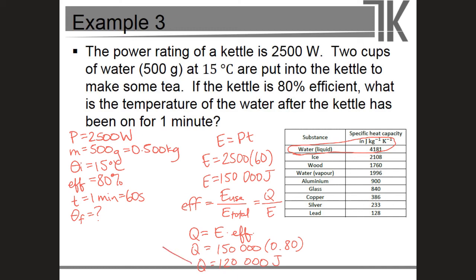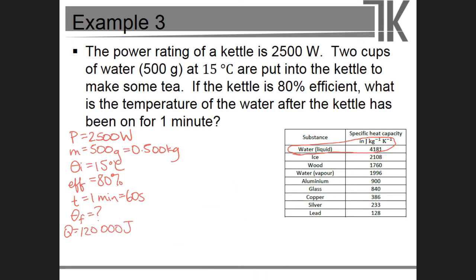I'm actually going to move this over to our knowns and then clear it out so we've got some space. 120,000 joules. Alright, so now we can go back and use our Q equals mc delta theta. And if you really want, you can calculate delta theta and then come back and use another equation to link it back to theta. Or you could just plug in what delta theta actually is here. So that's our final minus our initial temperature.